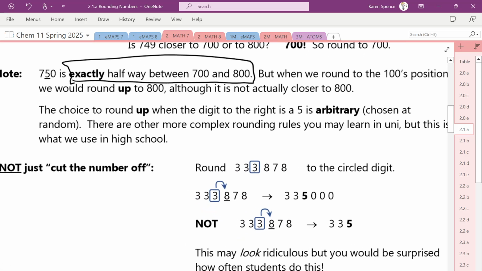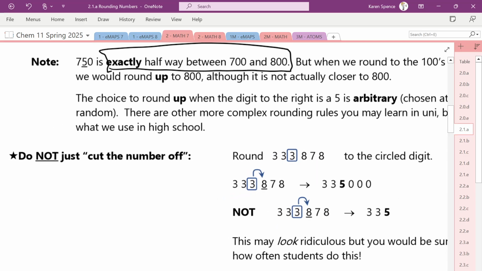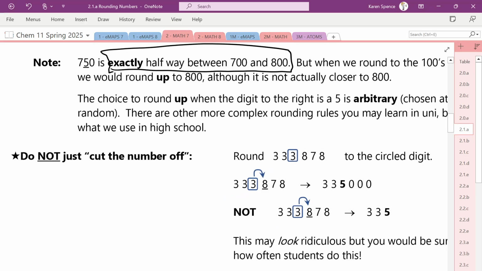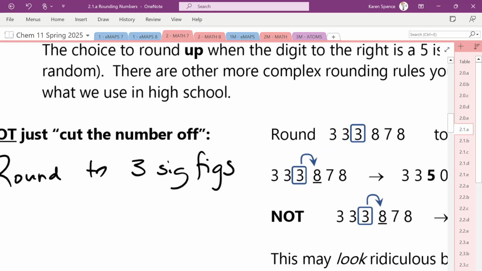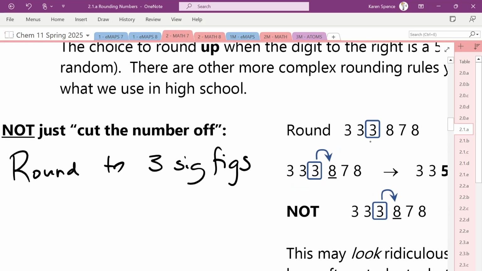Now, do not just cut off the number. All right? So say it says round, and the more usual way of saying this would be round to 3 sig figs. Okay? If we round to 3 sig figs, that means we are rounding to that 3 there. 1, 2, 3.